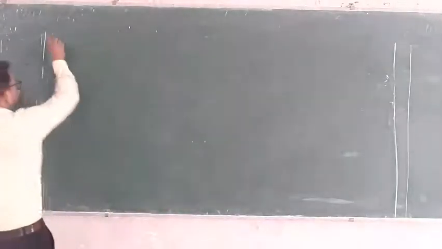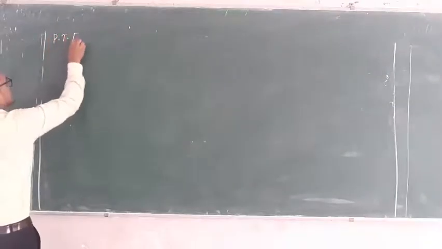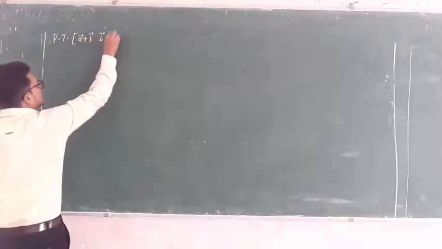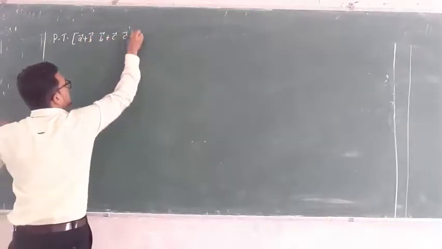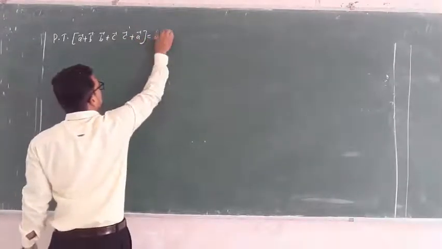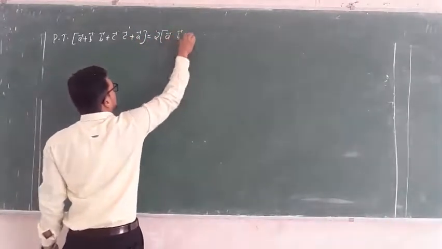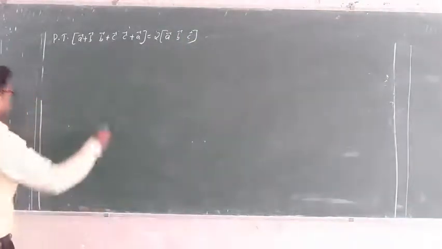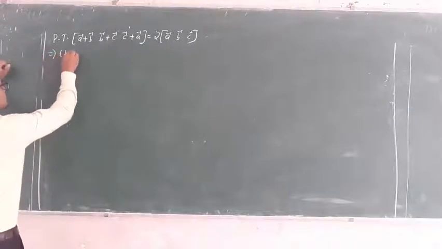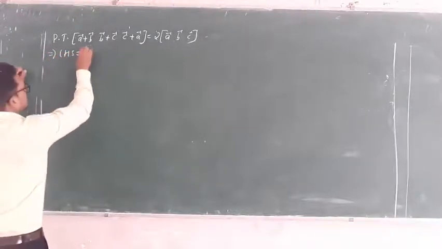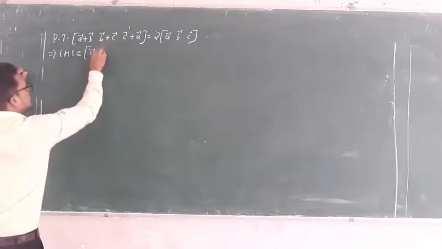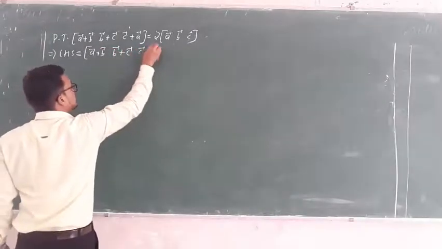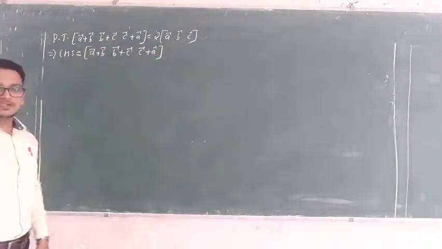Prove that the scalar triple product of A plus B, B plus C, C plus A is equal to 2 times the scalar triple product of A, B, C. To prove this, we consider the LHS. So the LHS is A plus B, B plus C, C plus A.